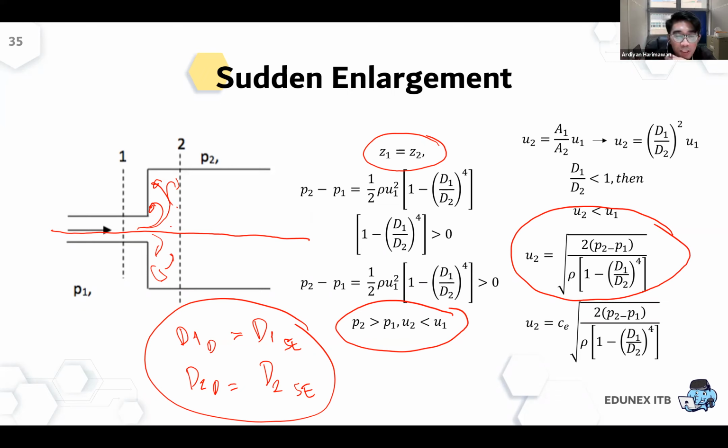In the diffuser, the change is gradual, so the water just flows smoothly, but it will still have energy loss because of the friction. In the sudden enlargement, you still have friction, but you have more energy loss due to the turbulence of the water around the enlargement area.